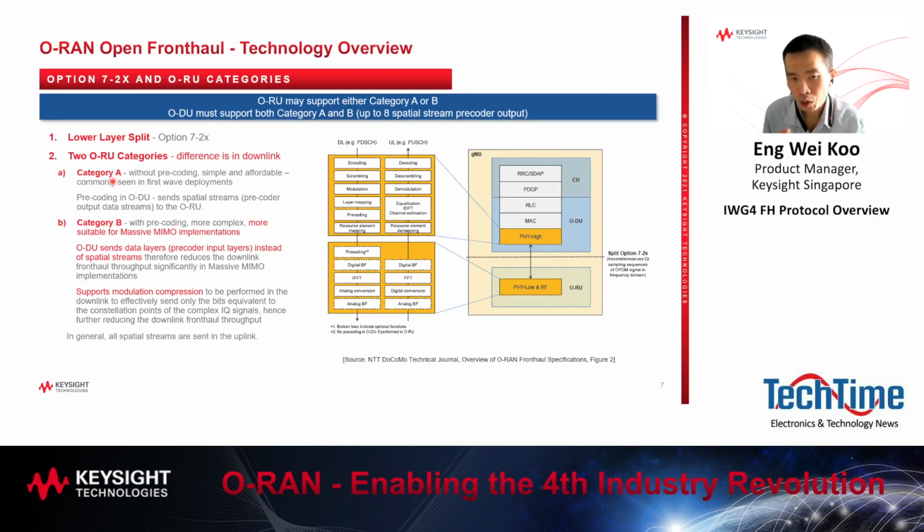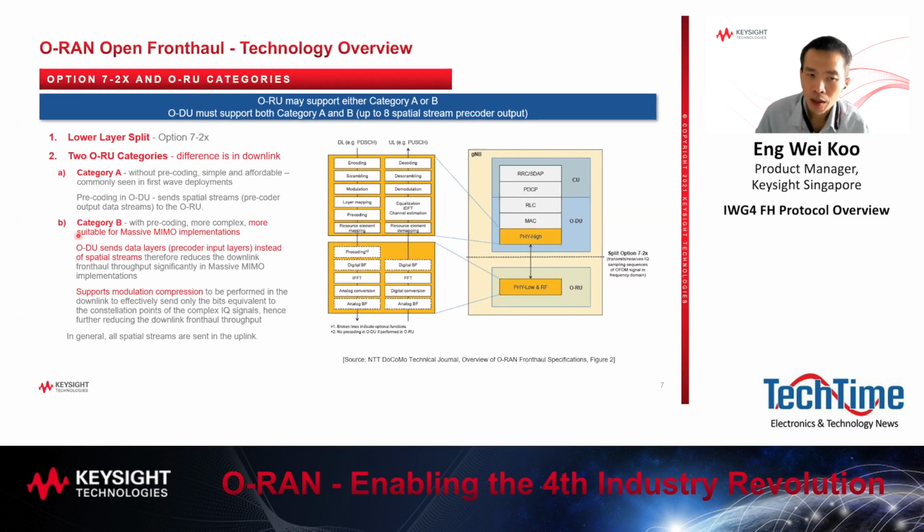So the ORU is now very simple, it's very affordable, and you can actually deploy the ORU without a lot of impacts, right, in terms of cost and complexities. But at the same time, it does actually increase the load of the front hall interface, because when you start to look at sending the spatial streams, basically you're increasing the amount of data that needs to go across the front hall in the downlink direction.